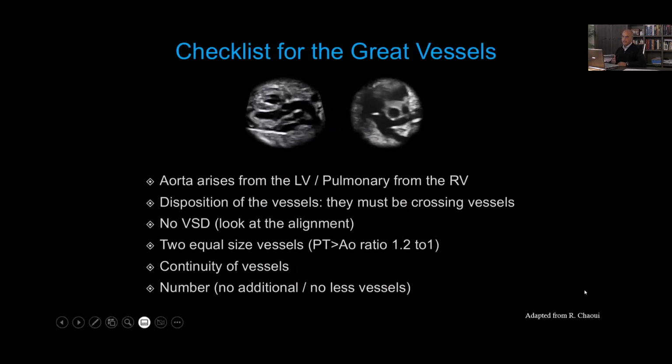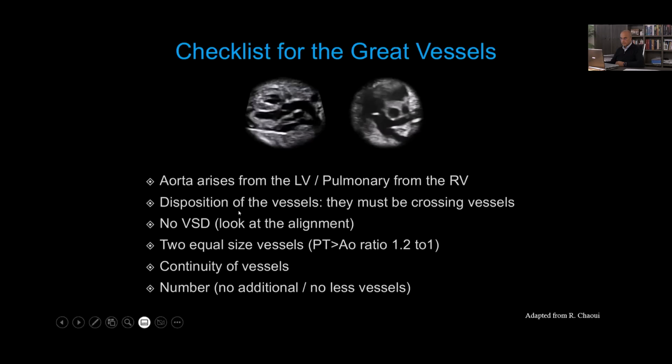So now we are able to obtain the left and the right outflow tract. But what we have to look for? We have to look at this aspect. We have to recognize all these aspects, and particularly that the aorta arises from the left ventricle and the pulmonary artery from the right ventricle.